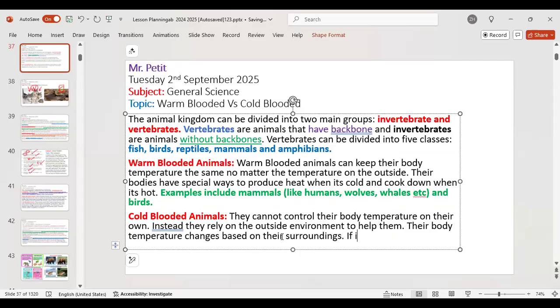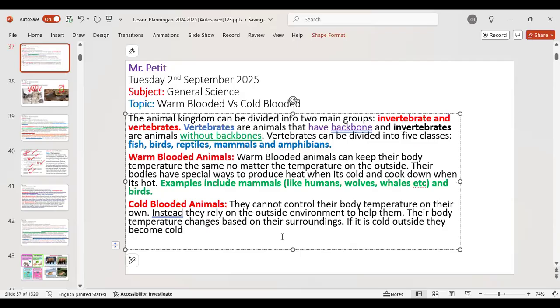If it is cold outside, they become cold. And if it is warm on the outside, they become warm.